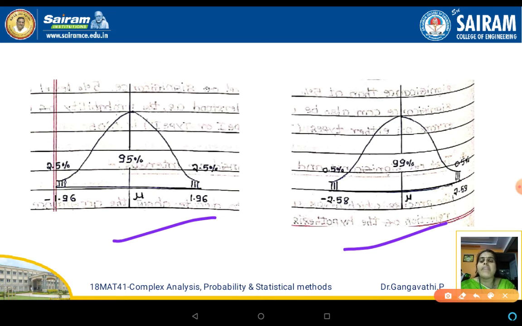In graph 1, with 95%, the end values lie between minus 1.96 and plus 1.96, whereas in the second graph, with 99%, the interval lies between minus 2.58 and plus 2.58.